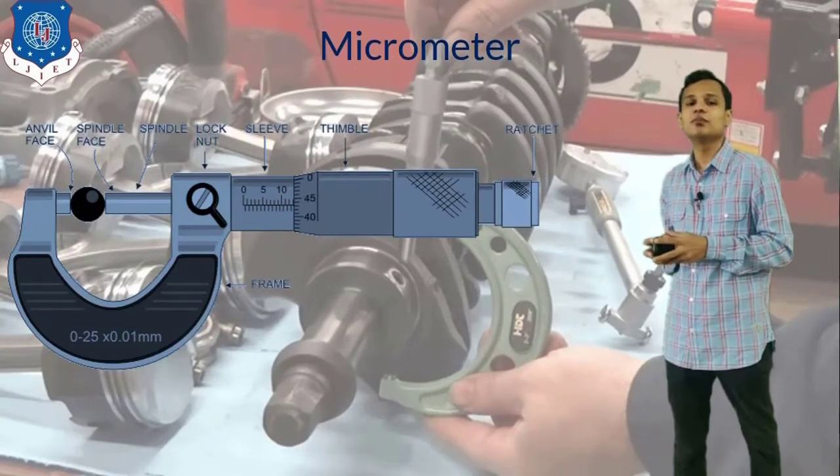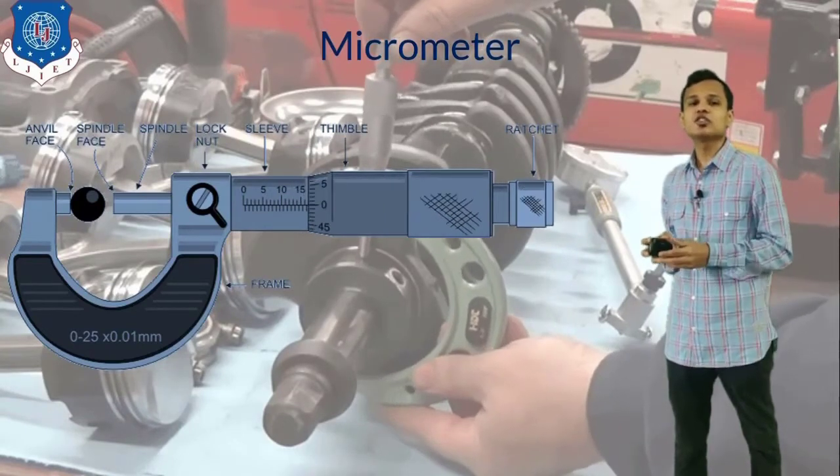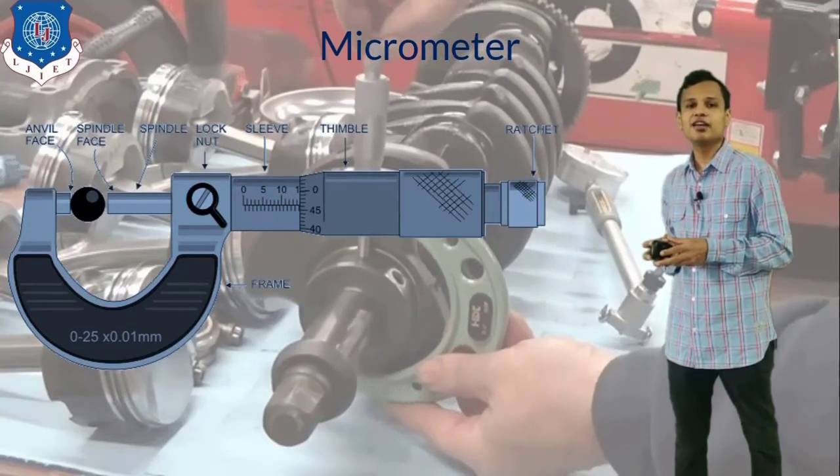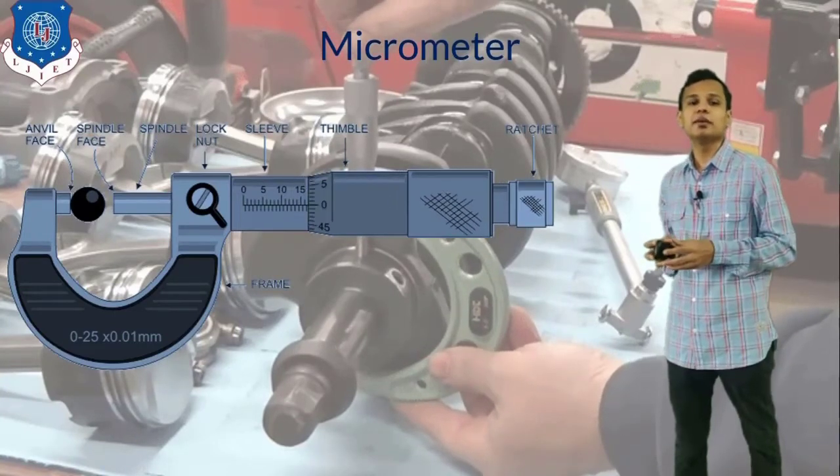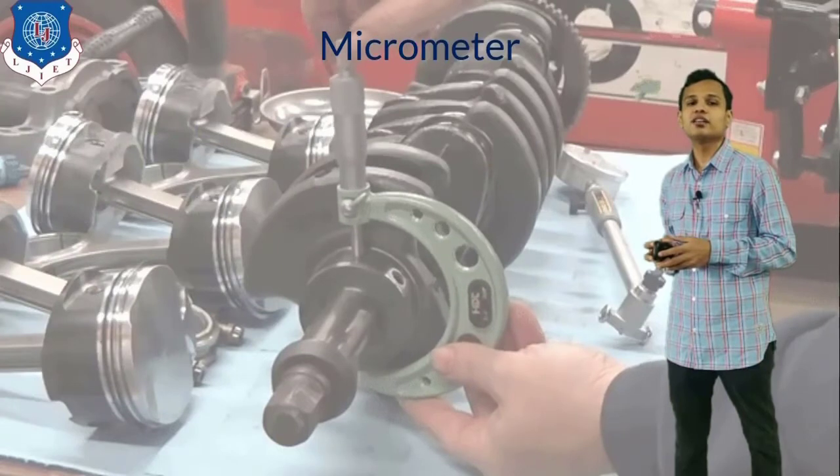Here also the primary and secondary scales are given, and we can measure the value up to 0.01 millimeter.